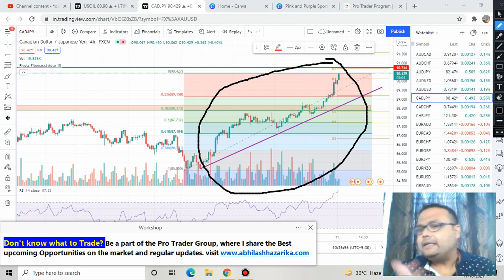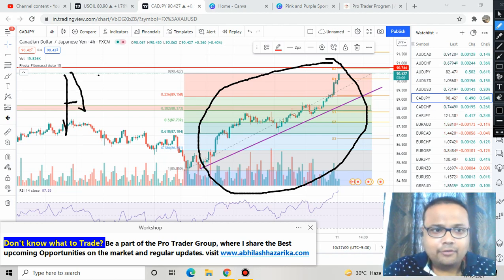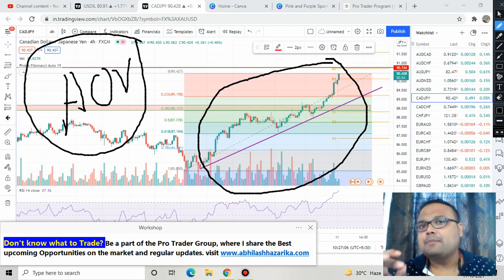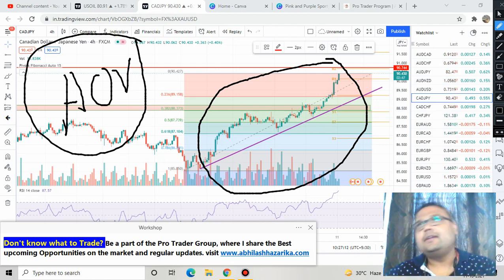Then comes the second important point that I always talk about in my videos, the area of value. Area of value is the best price level, or the best trading opportunity in the market.